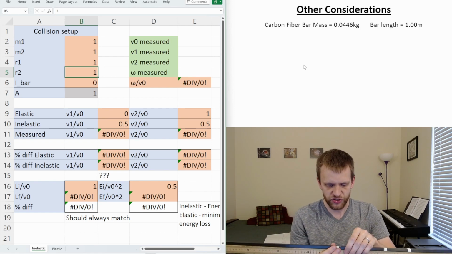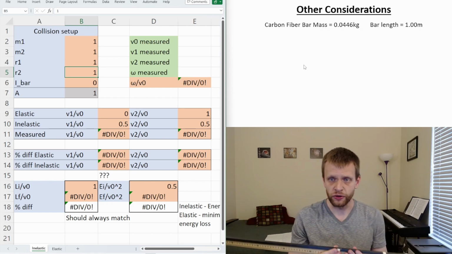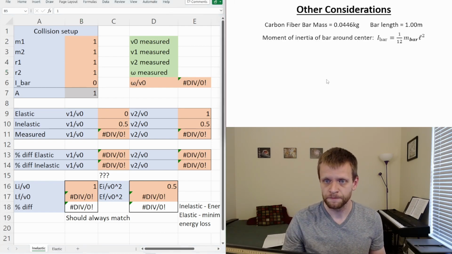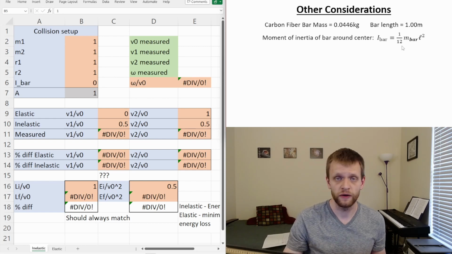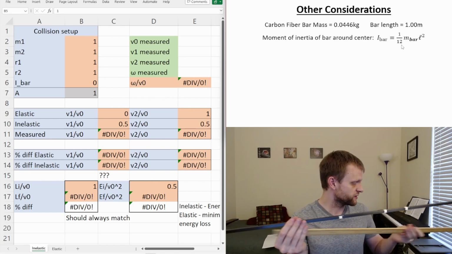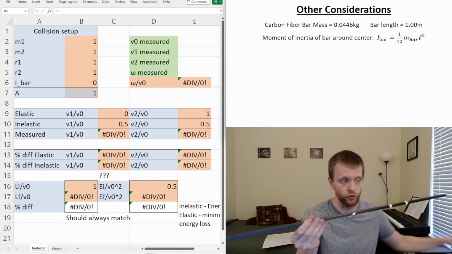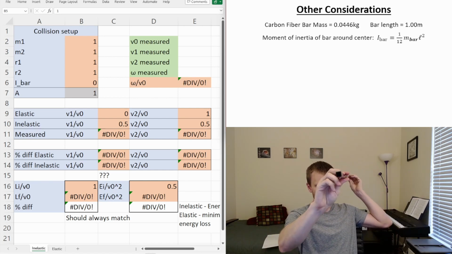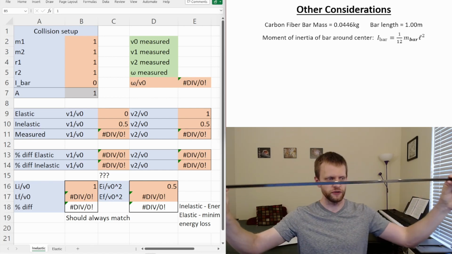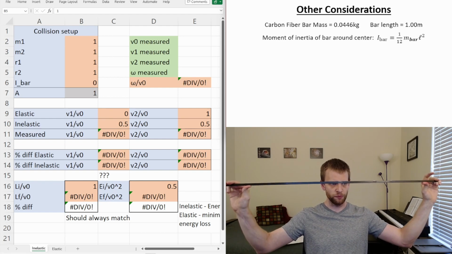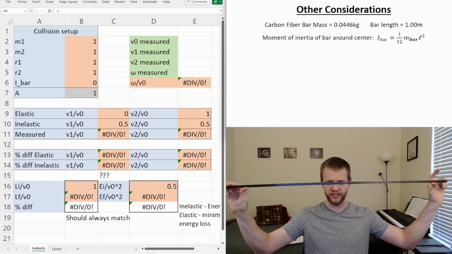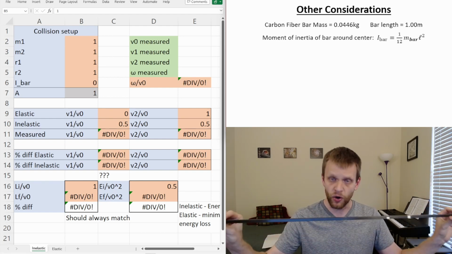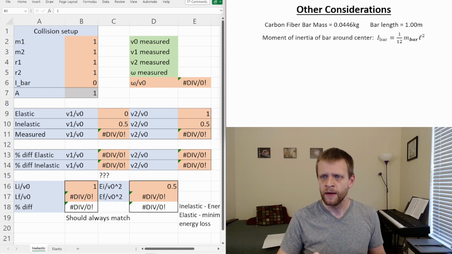Okay. So if I want to measure the moment of inertia of this bar, well, that's 1/12 if it's a uniform bar. This is a hollow carbon fiber bar, it's hollow in the middle, but it's still fairly rigid. It has a little bit of bend. If I start putting some force on it, I can feel a little bit of bend, but hopefully not very much.